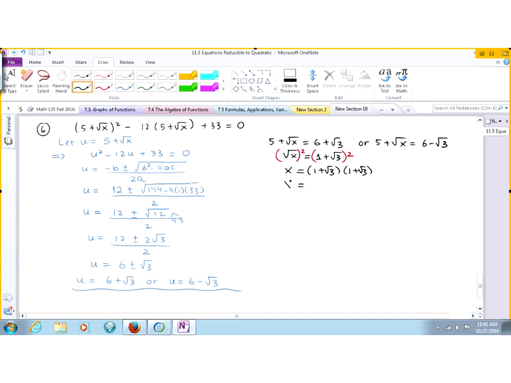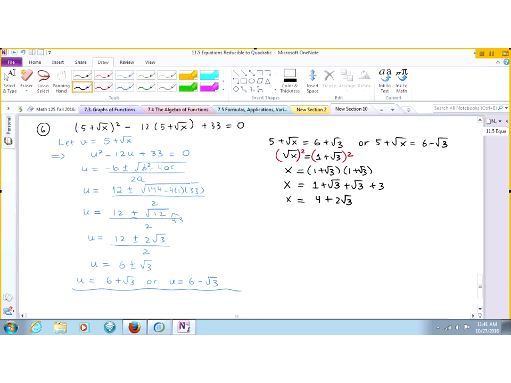Remember this? So FOIL: first, 1 squared; outer, plus square root of 3; inner, plus square root of 3; last, plus 3. So this is equal to 4 plus 2 square root of 3, right?